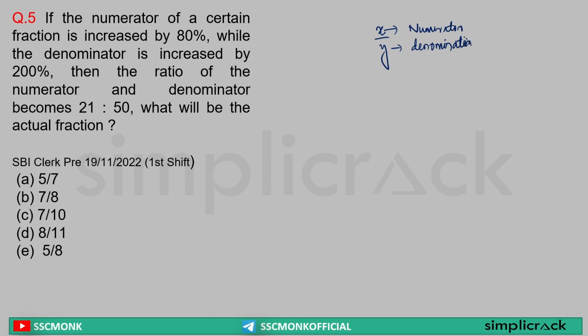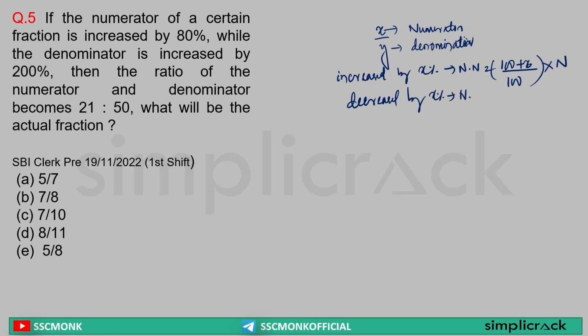If any number is increased by x percentage, the new number will be 100 plus x by 100 multiplied by the number n. Clear? For decrease, it is the similar case: decreased by x percentage, the new number will be 100 minus x by 100 into the number.